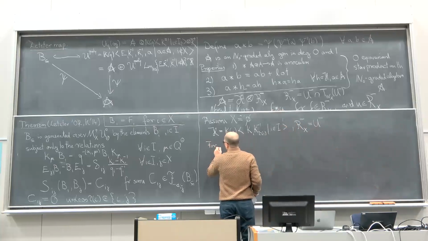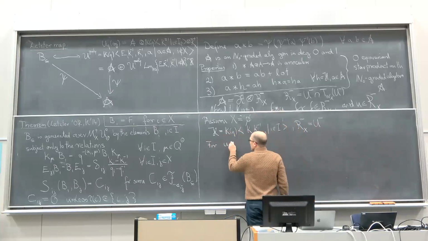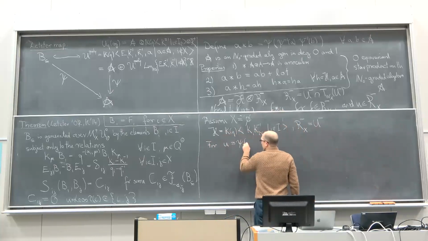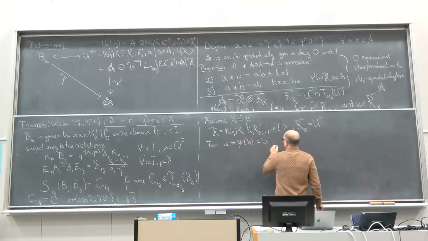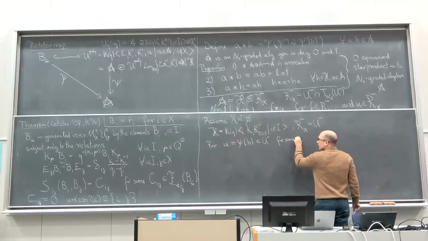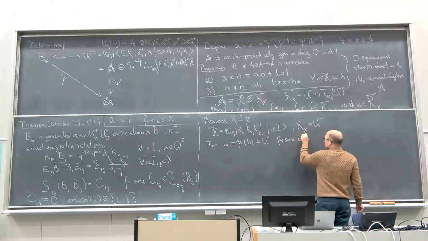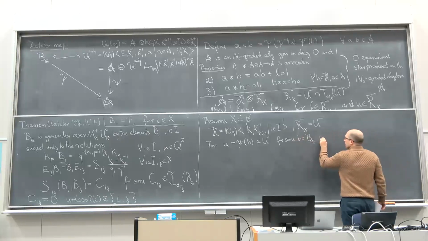So let's take an element U in U minus. We can write this as psi of B, U minus for some B in BC.